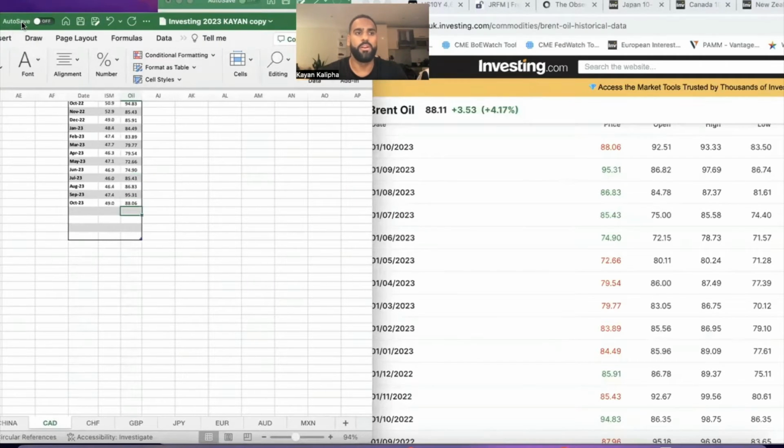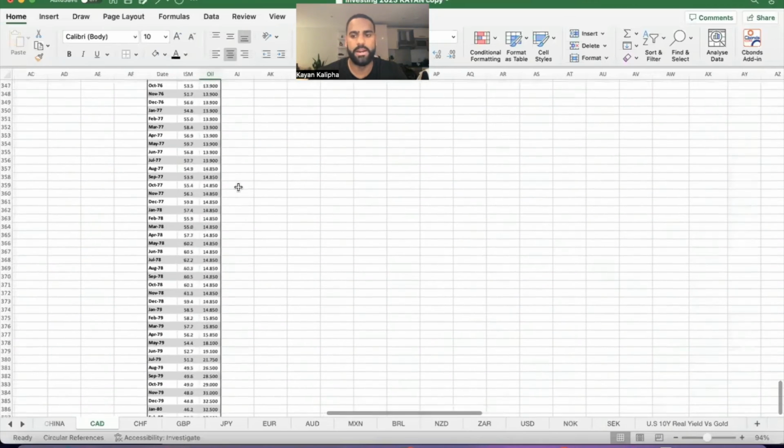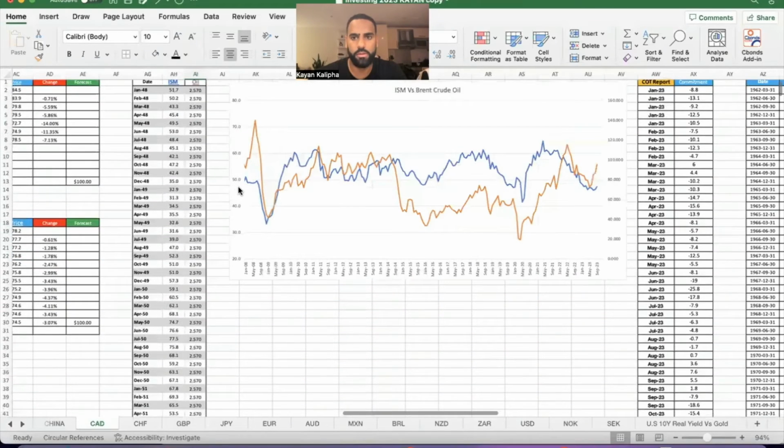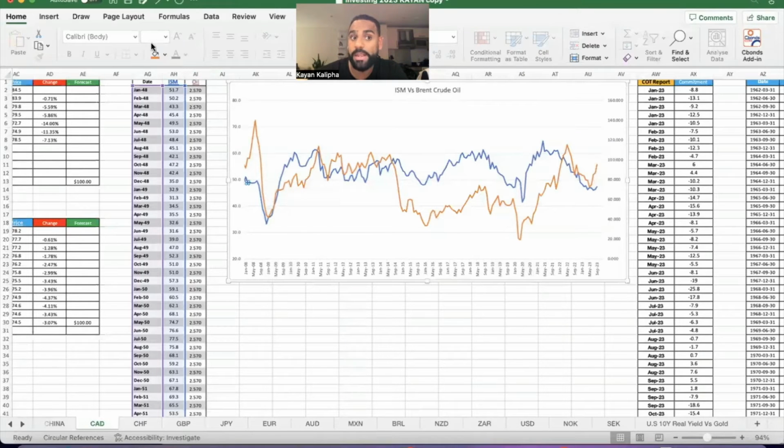So if we now open up the spreadsheet again, now let's look at, okay, can you see for our history? Look, the blue line represents what's happening in the manufacturing sector in the US. Anything below 50 indicates the manufacturing sector's in contraction. What happens to the price of oil?